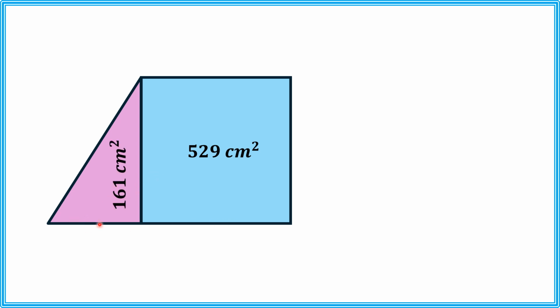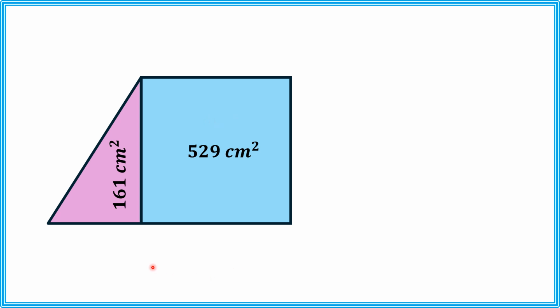Hello everyone, in this video a square is given having an area equal to 529 centimeter square. Now we have a right triangle whose height coincides with one side of this square and whose base is parallel to this side, lying on the same line, and having an area equal to 161 centimeter square.